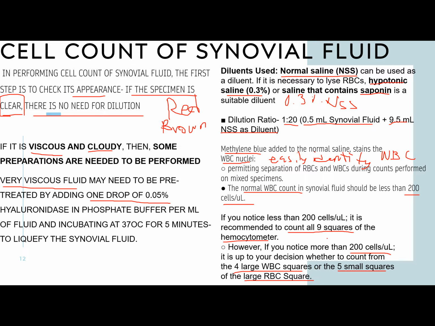So pakitandaan to, class, please remember this. If you notice less than 200 cells per UL, count all 9 squares. But if you notice more than 200 cells, you could just count the four corner large WBC squares or the 5 small squares of the large RBC square.